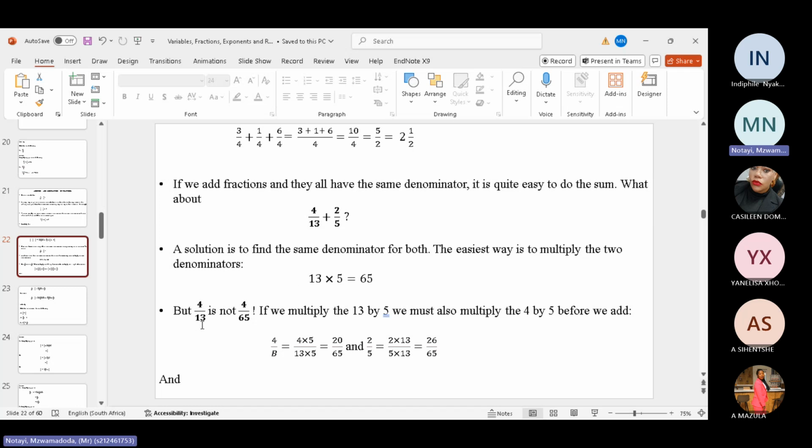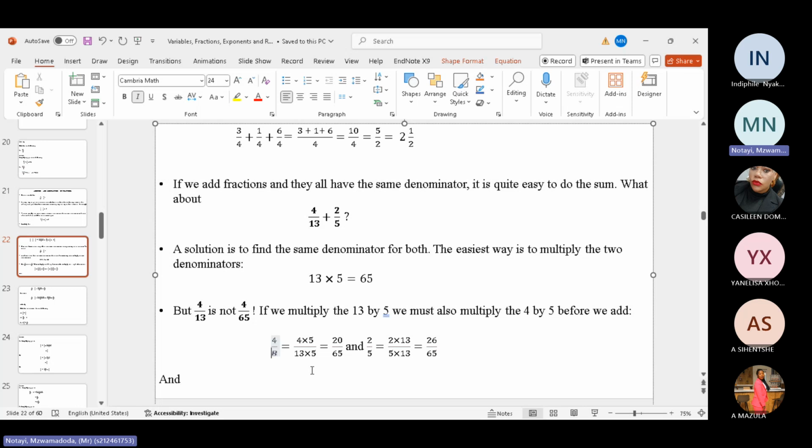But 4 divided by 13 is not 4 divided by 65. So if we multiply the 13 by 5, we must multiply the 4 by 5 before we add. So we have 4 divided by 13.